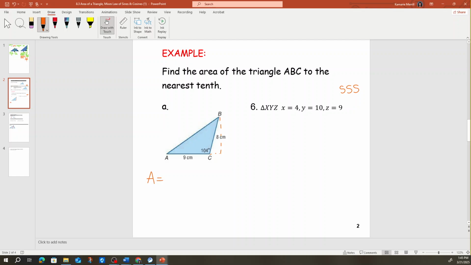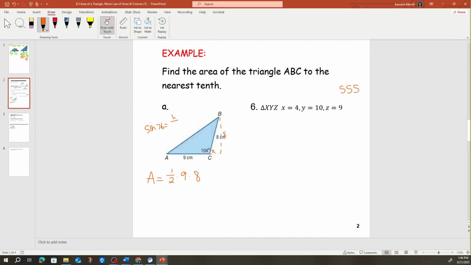Do you feel like you have it? Okay, so it would be 1/2 what? 1/2 9 times, we would have done h, but we can calculate h as the sine of this reference angle 76 is equal to, or sorry, it's h over 8.